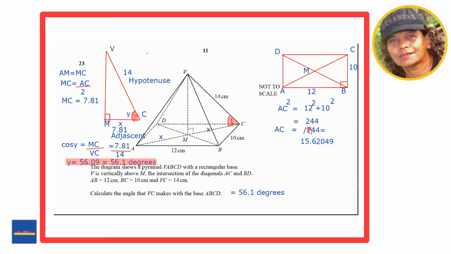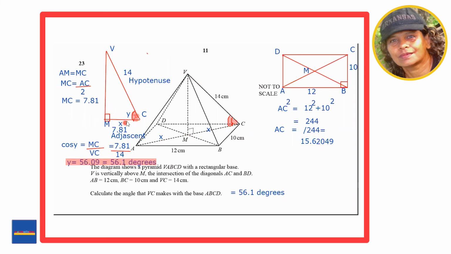Now half of AC is going to be MC. So here we have this triangle. MC is half of AC, which is half of 15.6, which is 7.81. And we also have the hypotenuse 14. So we look at this as a right angle triangle.